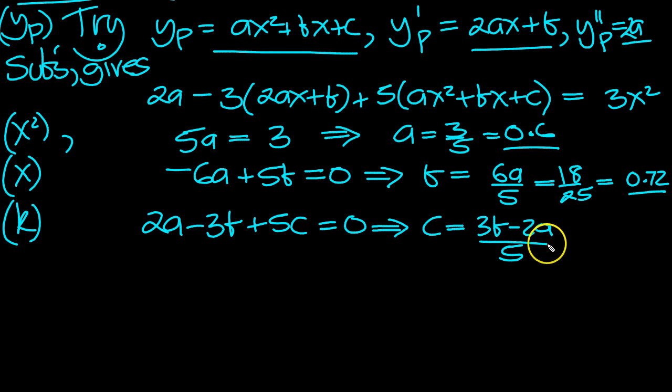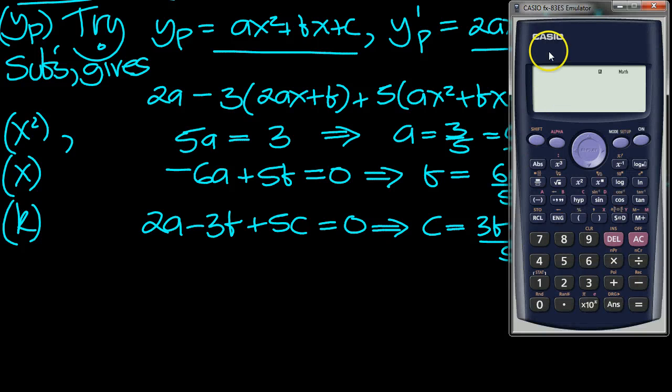So 3b minus 2a over 5. 3b, so that's 54 over 25, isn't it? Shall I put the fraction in? We can tap it in the calculator. I'm tempted to do it by hand, but no, I'll put it in the calculator so we're all happy with this.